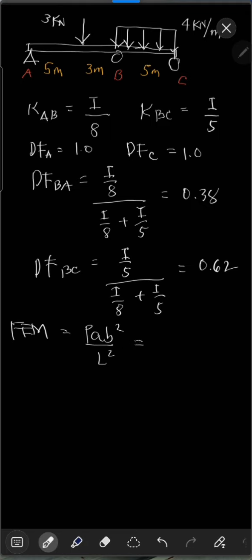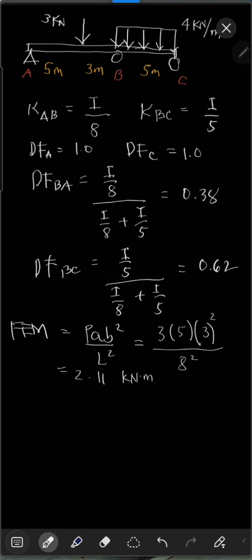So pilay P, that is 3 kilonewton. So that is 3 times 5 times 3 squared over 8 squared. Pilay value, 2.11 kilonewton meter.